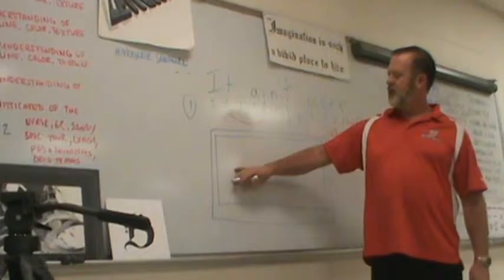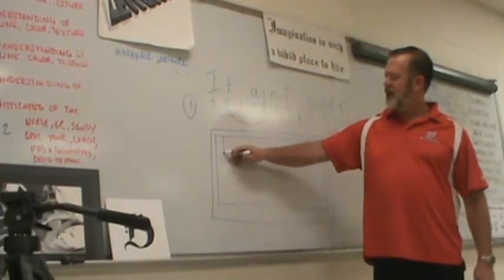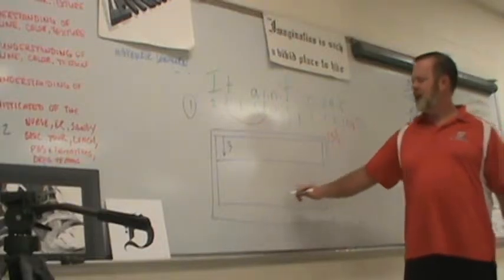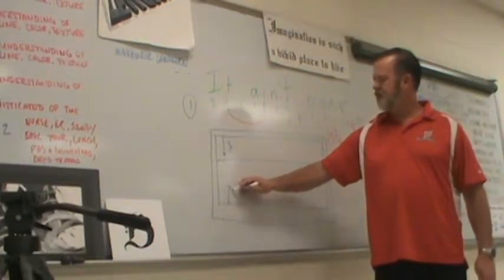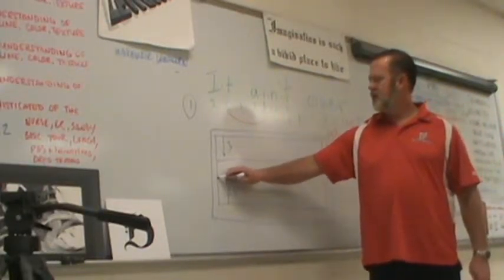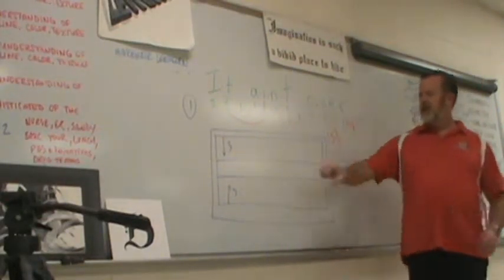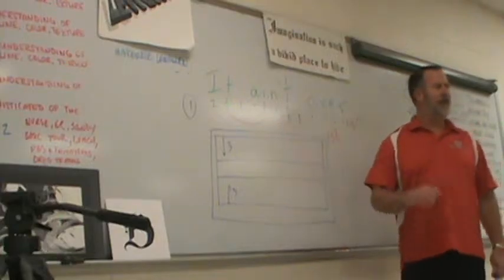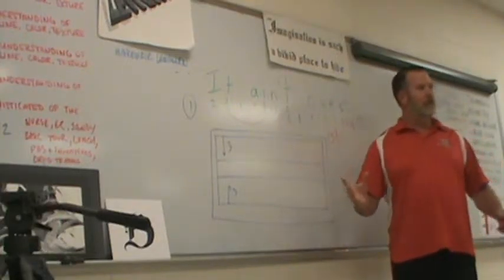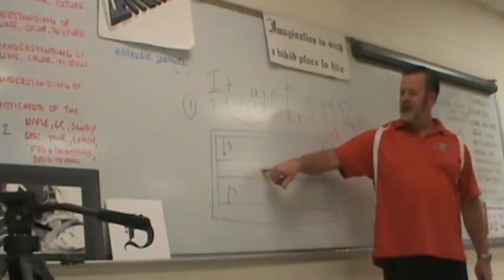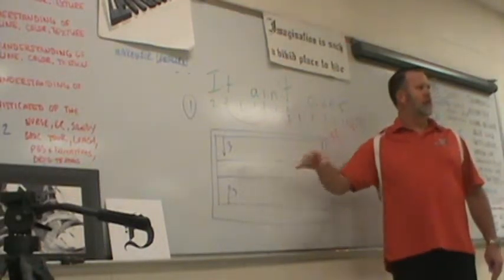When you measure for your text lines, I want you to measure down from your border 3 inches and draw a line, and then measure up from your bottom border 3 inches and draw a line. The reason I want you to do that is because the text lines have to be the same. If you're going to make a little bit of an error in your measuring, we want that space in between the lines to absorb the mistake.